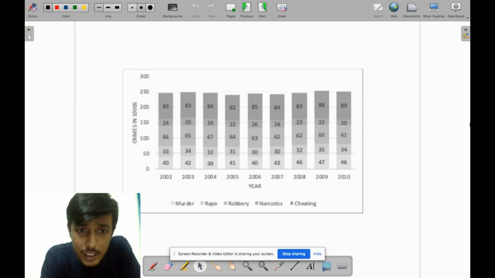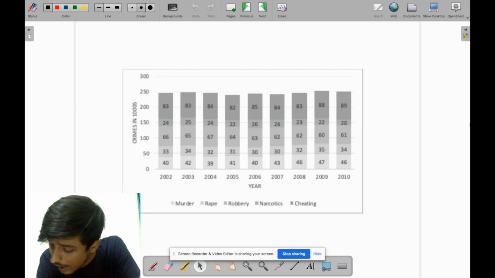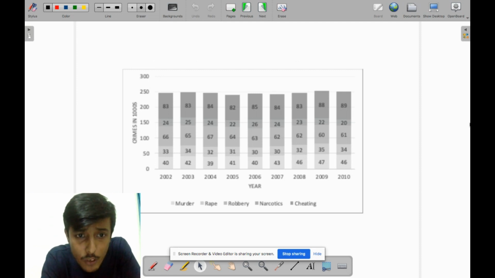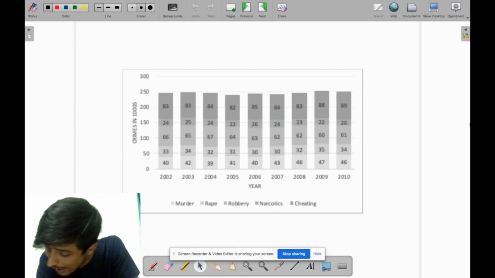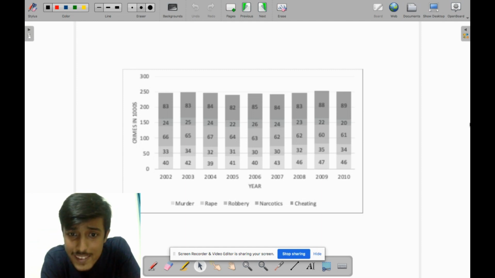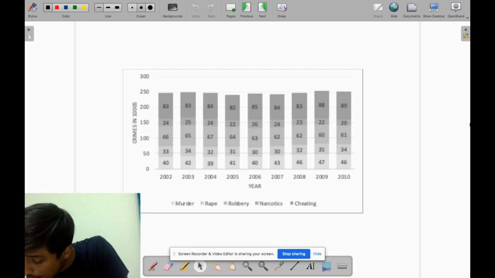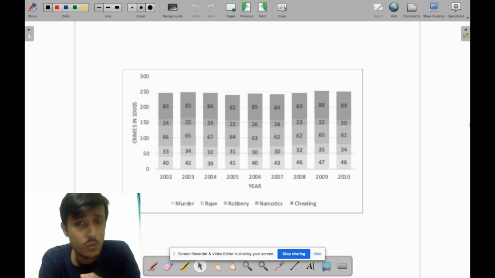In B, 2002 to 2003, there's a decrease. And then in D, 2006 to 2007, again there's a decrease. And we are talking about the highest percentage increase. So those 2 options are anyway ignored. You can move on.